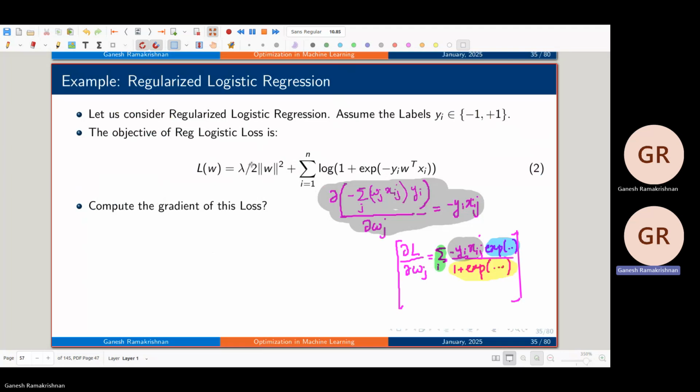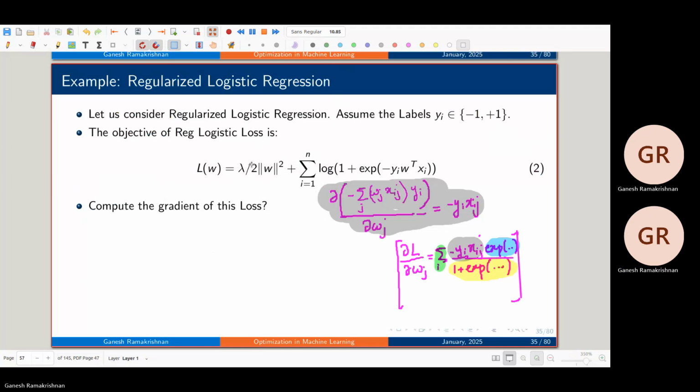For the exp, the derivative is, there'll be a negative that comes out. And for 1 plus exp, what will happen to the log? You'll have 1 upon 1 plus, so that will come in the denominator. You see that?